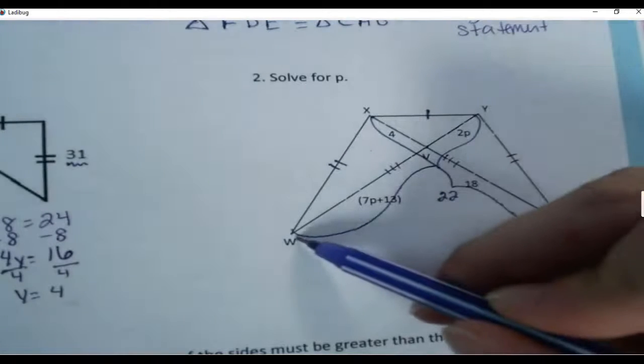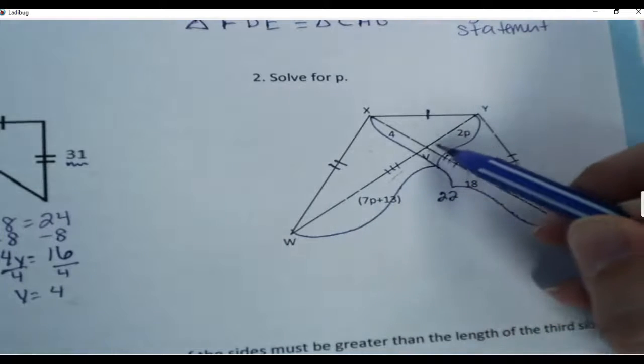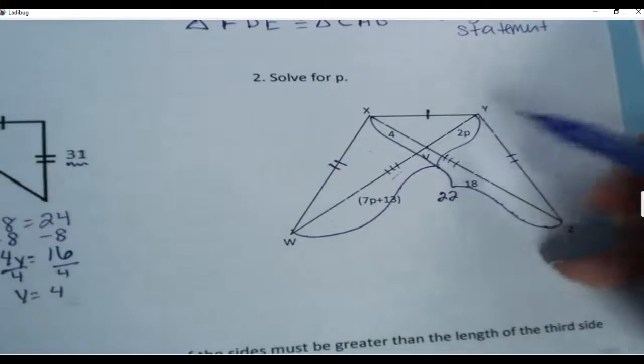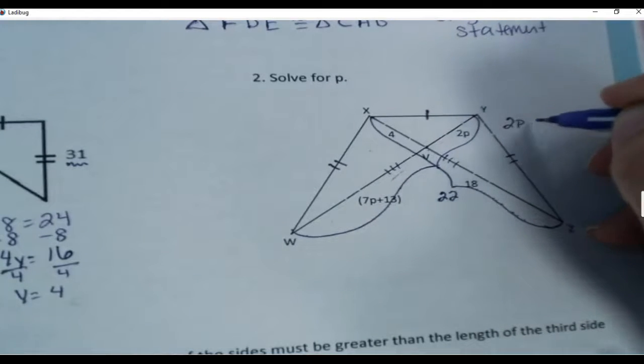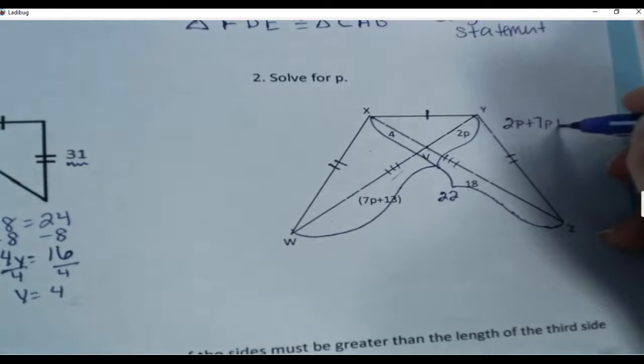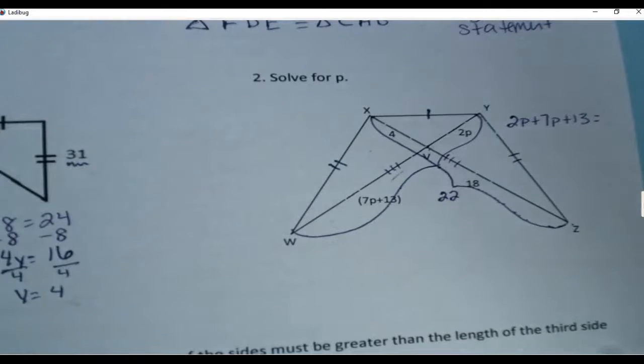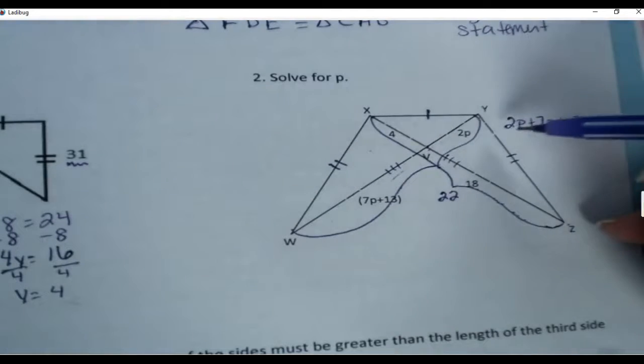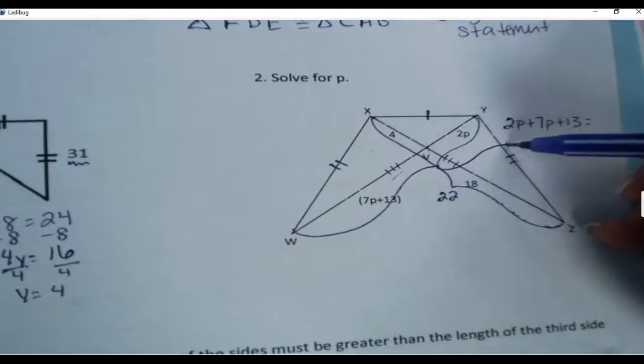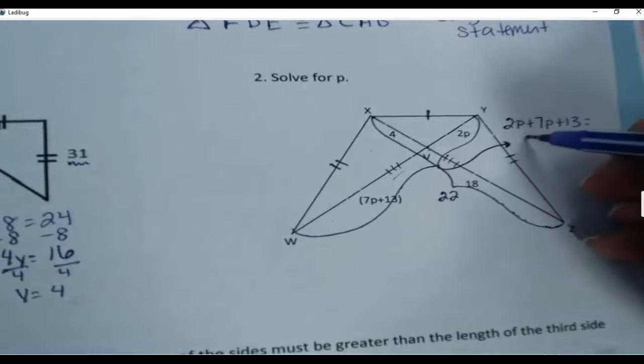And then this entire side I have 7P plus 13 and I have 2P. So if I add those, then this entire side equals 9P plus 13.